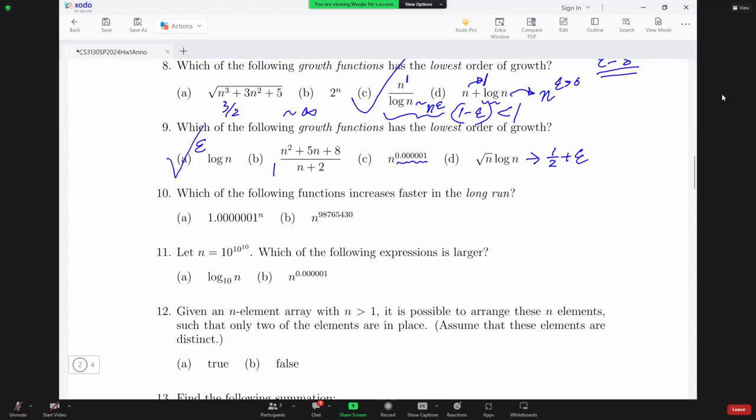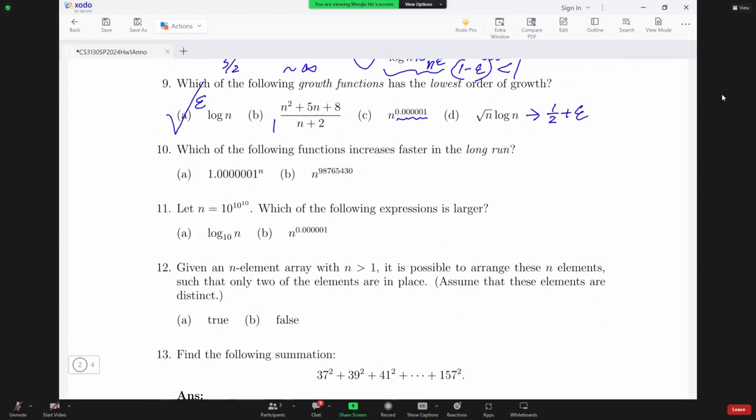So the answer is A, not C. So you can see if you use epsilon, you can do a lot of things related to log functions in a more accurate way.